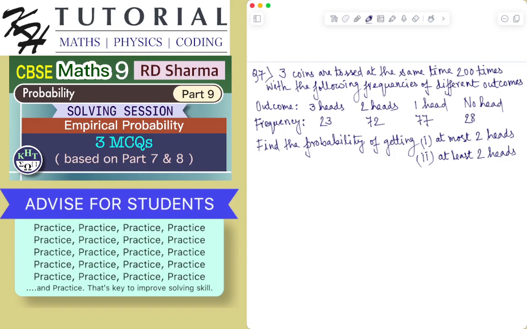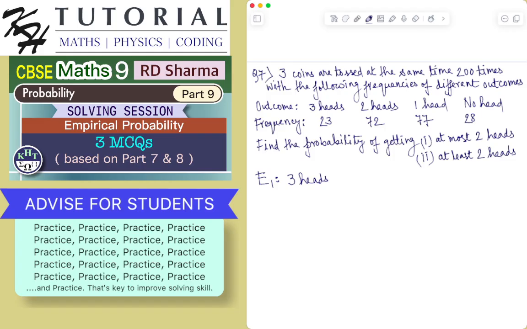So as you can see, all these events, let's name these events. Let's say I am naming the event E1 to be 3 heads. That is, if I toss 3 coins at the same time, 3 heads will show up.